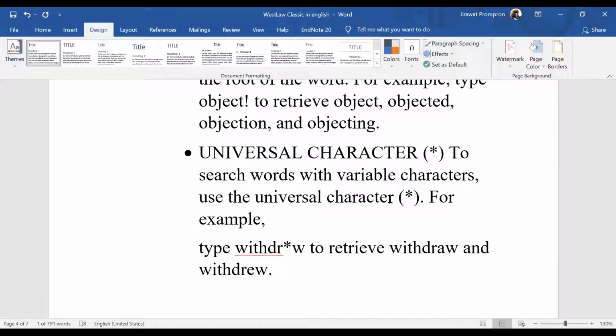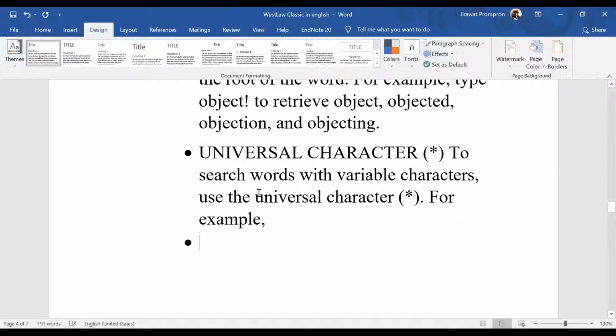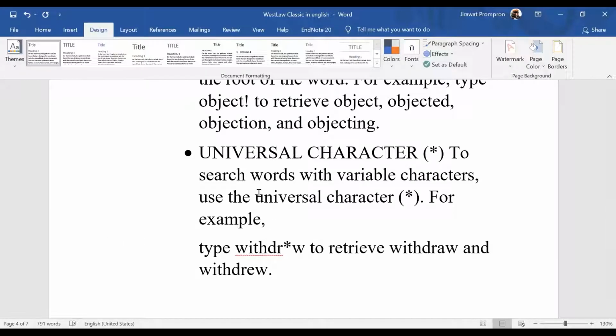I start with a good example that is easy to understand. Suppose you are typing woman.